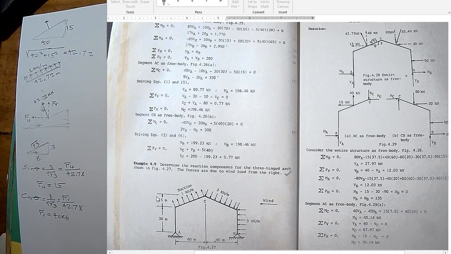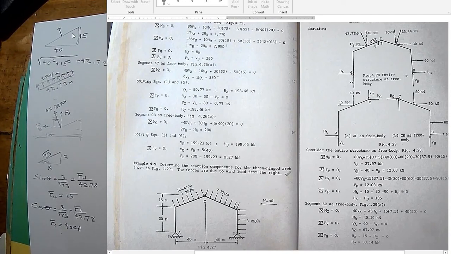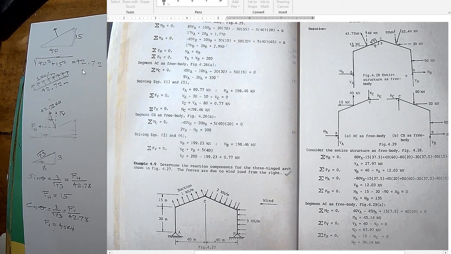And then yung height na 15, ito siya. The hypotenuse or the length of the top chord is 42.72 meters. So you multiply that by the uniform load 1 kilonewton per meter will give you 42.72 kilonewton. And then you convert that to its equivalent horizontal and vertical component.